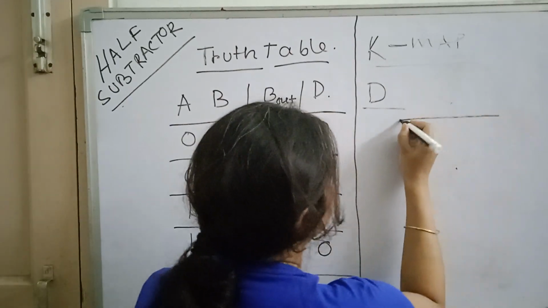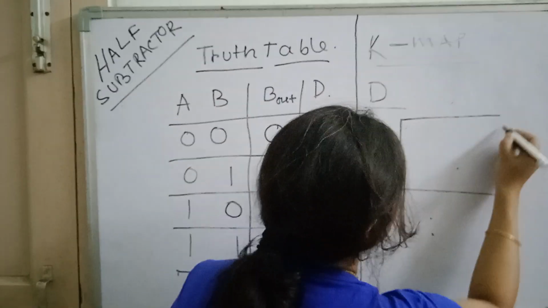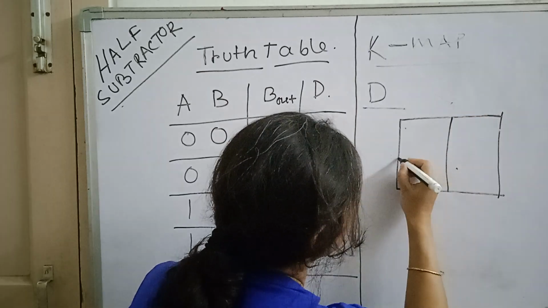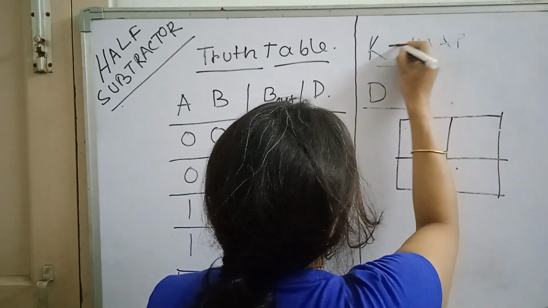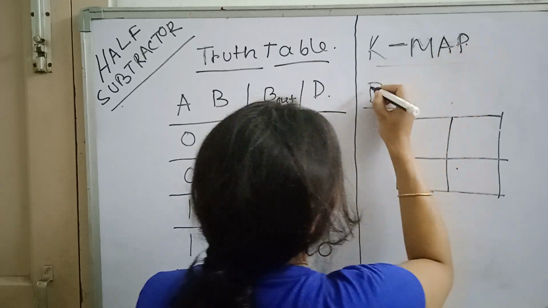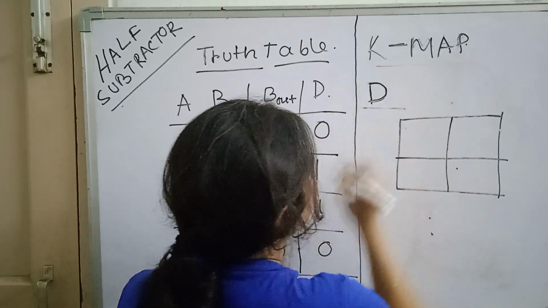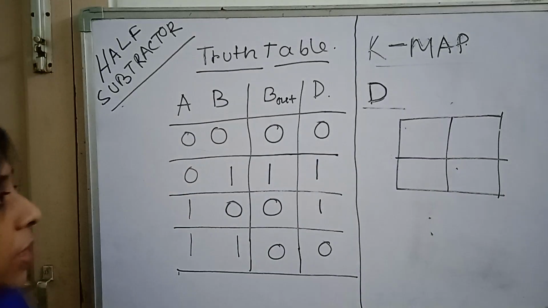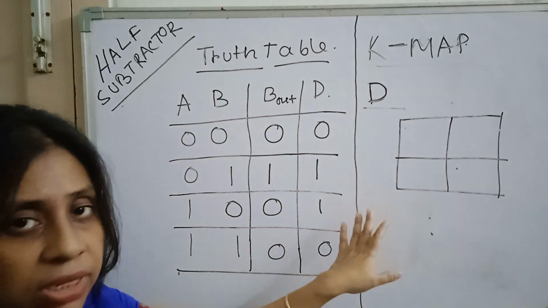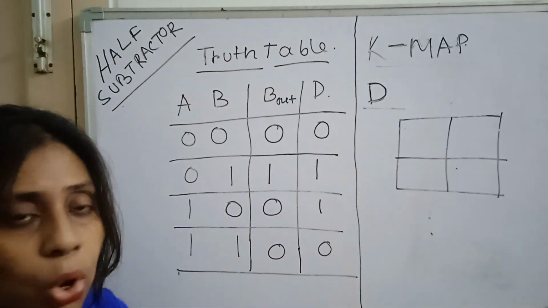So the number of boxes will be 4. We are doing the KMAP for difference D. Now we will put one variable in rows and another variable in columns.